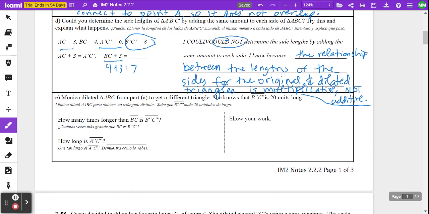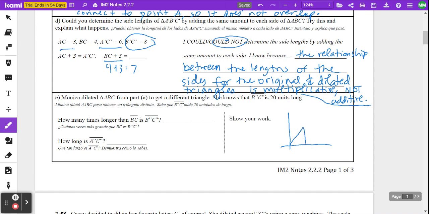Okay, let's continue. Now, Monica dilated triangle ABC to get a different triangle. Now, she knows that B prime C prime is 20 units long. How many times longer than AB is A prime B prime? See, to me, this problem needs a drawing. So she's saying she's dilating this original triangle again.